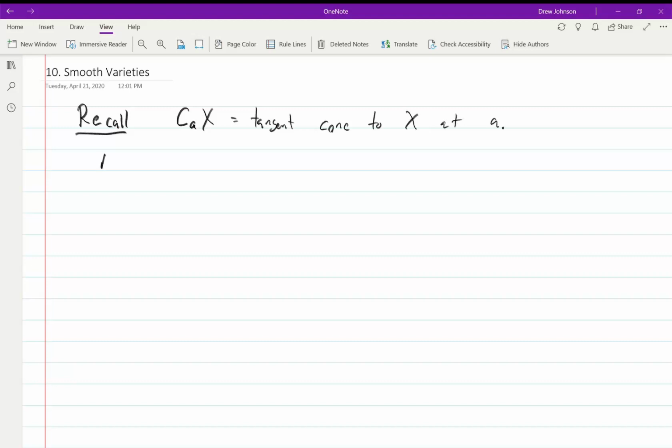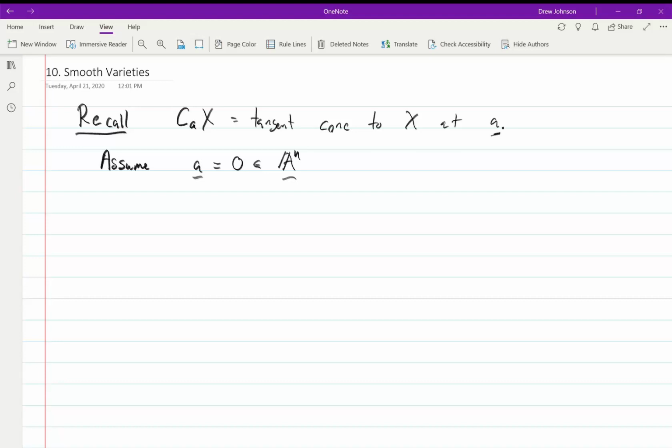So the first thing we did is we assume that A is equal to the 0 point in some A^n, right? So how do you do that? Well, you have to pick an affine open neighborhood of A contained in some A^n, and then maybe you need to do a change of coordinates to make A equal to the origin.